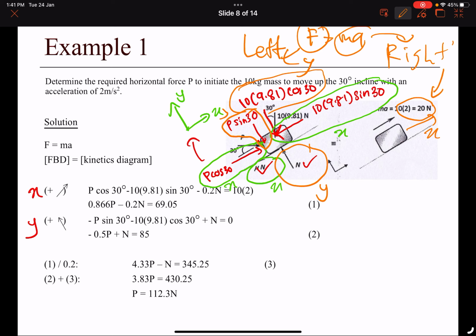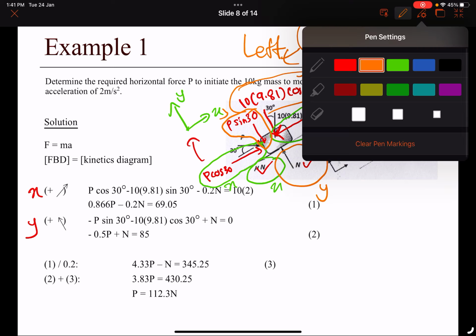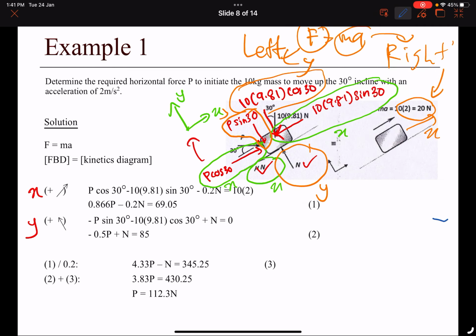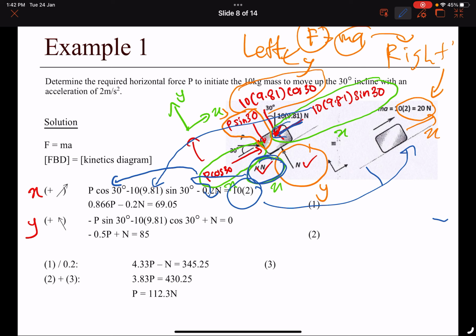Then you have to substitute all the information into the equation. You have the P cos 30, and it should be minus because of this direction. This direction is also opposite to the assumption, so it should be this direction.